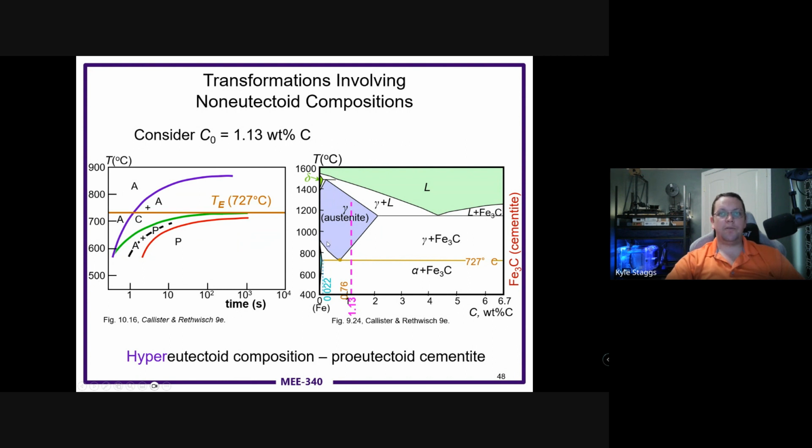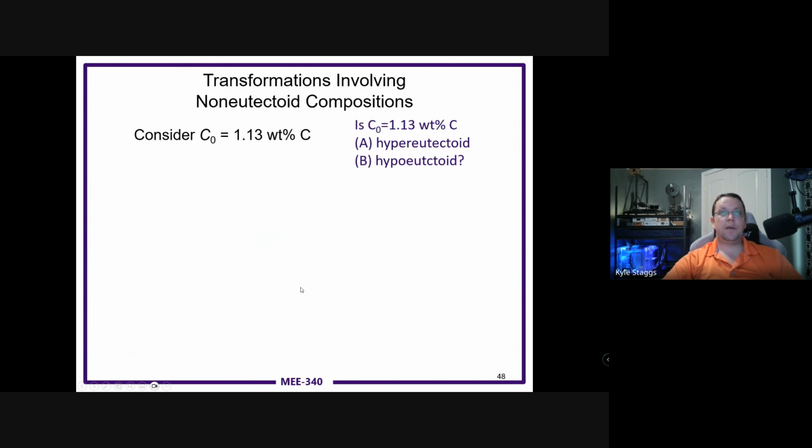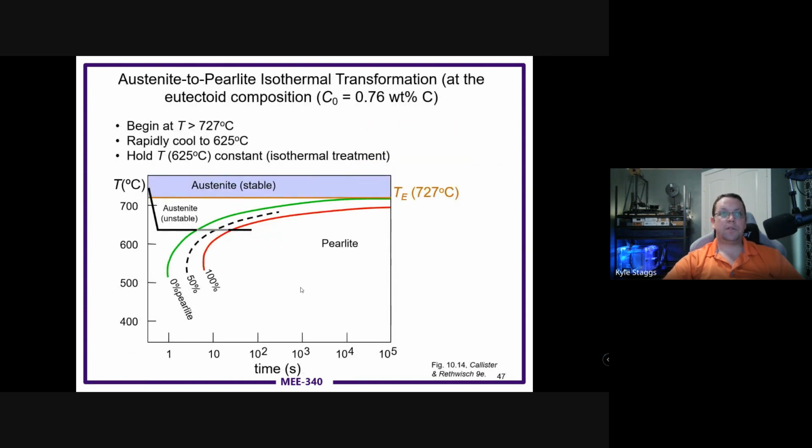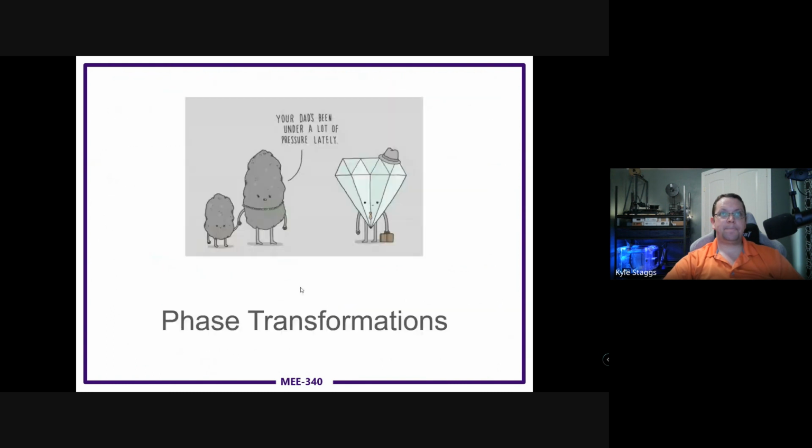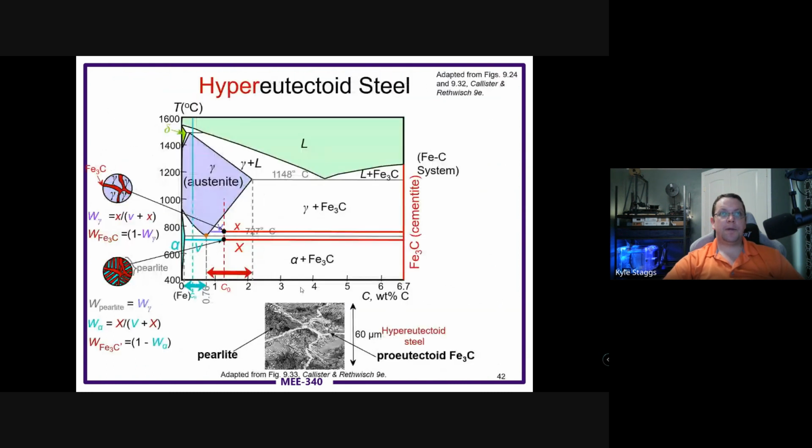lower, right? So even if we were on the left side, let's see if it's easily visible on this one. Kind of visible here. The physical graph's a little bigger.